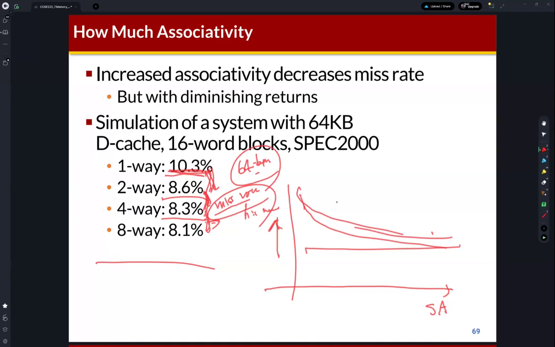So what does that mean? We don't need to use fully associative cache. The fully associative cache is so expensive. But using the 8-way or 16-way set associative cache, we can achieve similar performance, right? So that's why we don't need to use the fully associative cache in the commodity CPU. Okay.